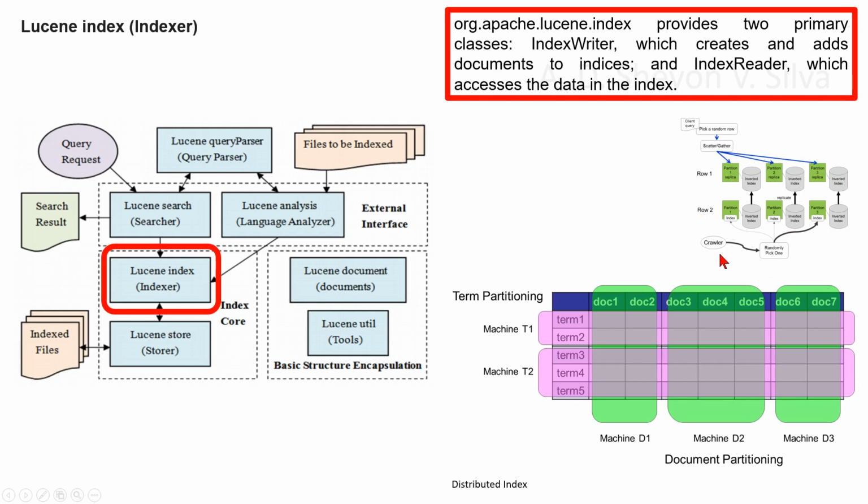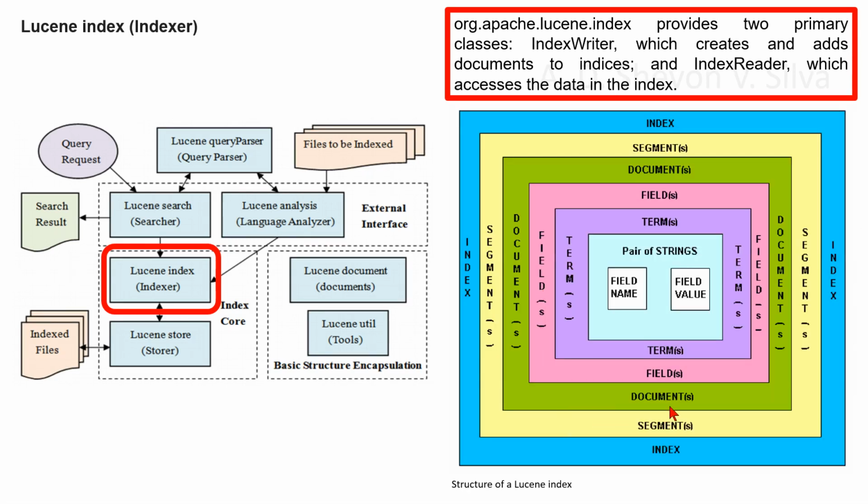Here you can see the crawler randomly picks one, and here you can see the indices and the inverted index. Here this inverted index is connected to this one, and here this inverted index is connected to this one of row 1, and here in partition 3, the inverted index is connected to this one.